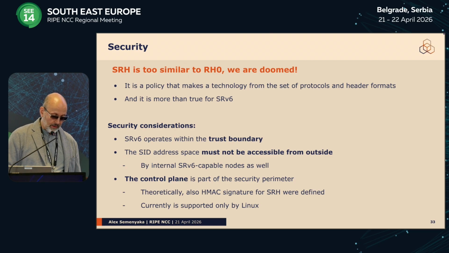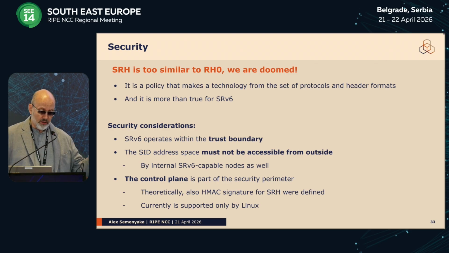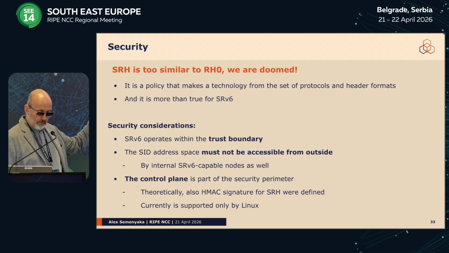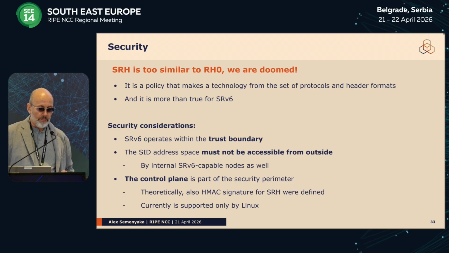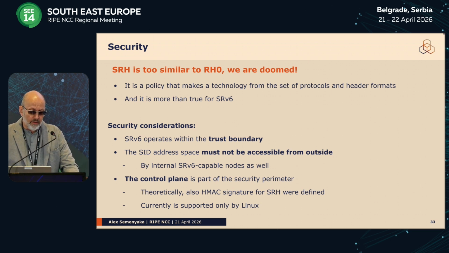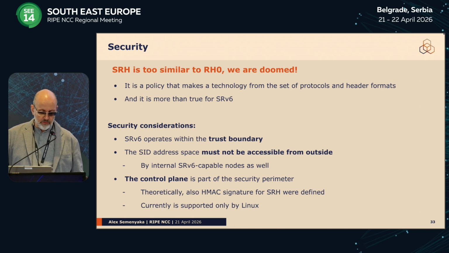And it also works for the control plane, because if we have our IGP with segment routing add-ons, and these add-ons can be sent from outside, from an untrusted domain, then our network can be completely screwed up, right? So that's important to remember.